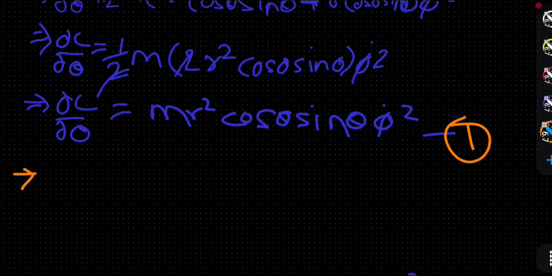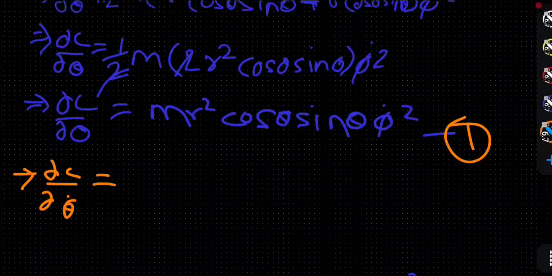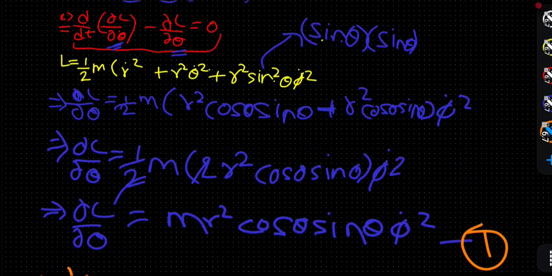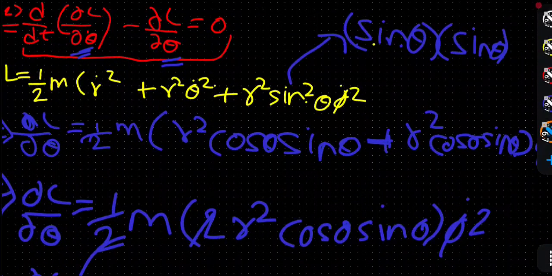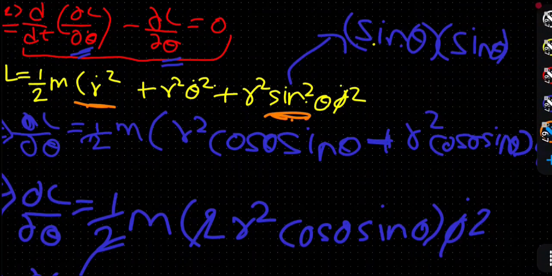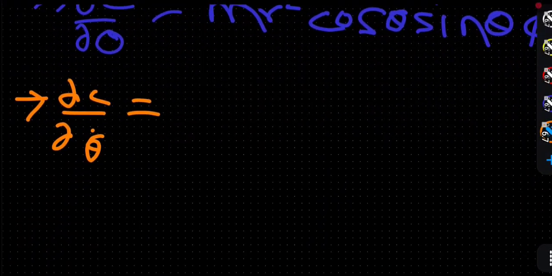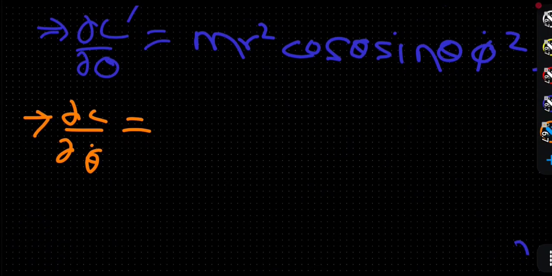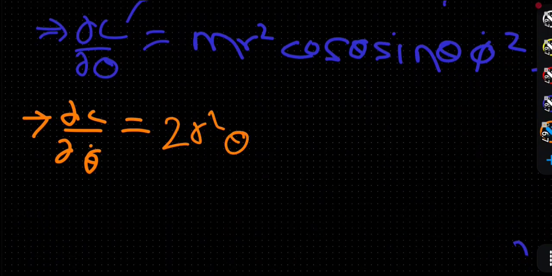Now what we are going to calculate is del L by del theta dot. If you remember the Lagrangian, when we differentiate with theta dot, the other terms equal 0, and we are left with only this particular term. So it should be equal to 2r square theta dot.